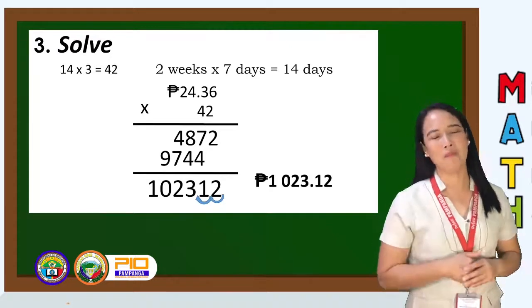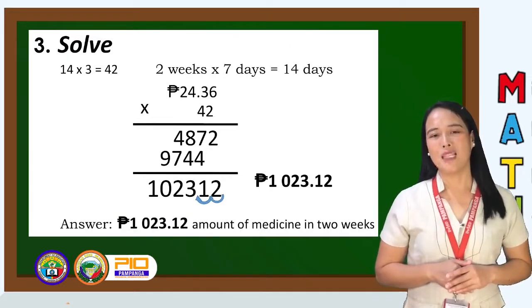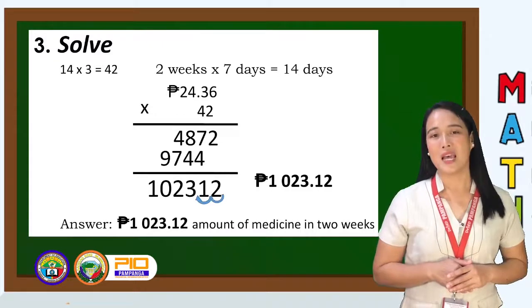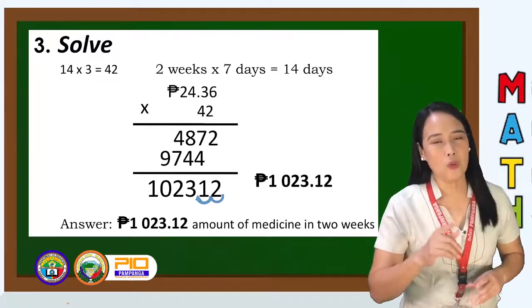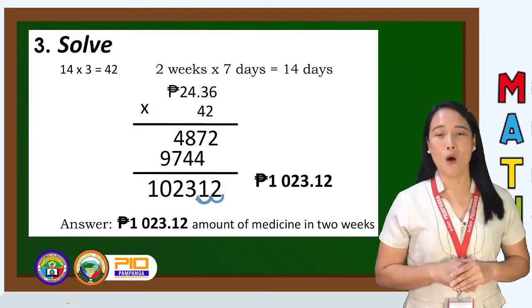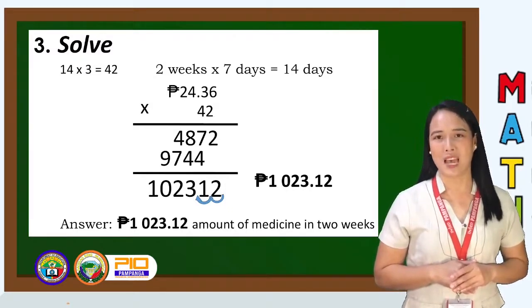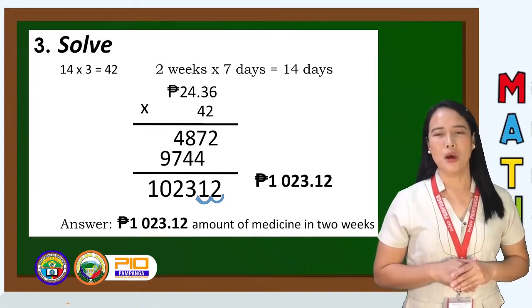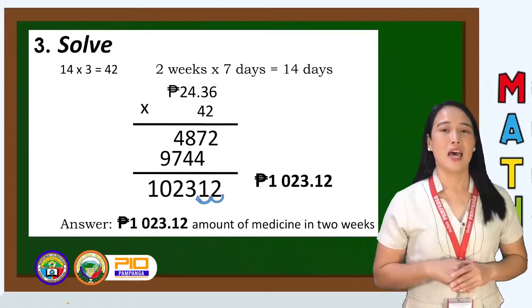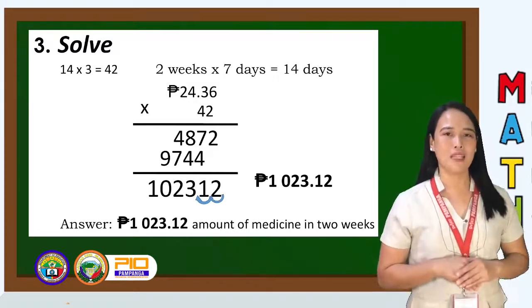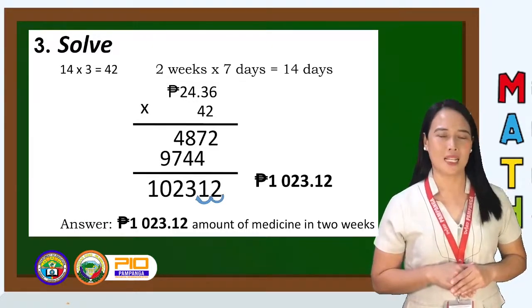For this problem, the answer is 1,023 pesos and 12 centavos. Be careful with your unit or the complete answer, there should be a peso sign. So 1,023 pesos and 12 centavos, this is the amount of medicine in 2 weeks.